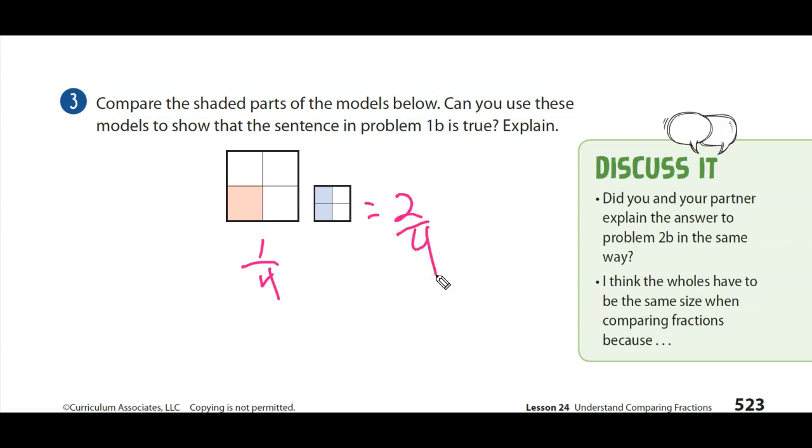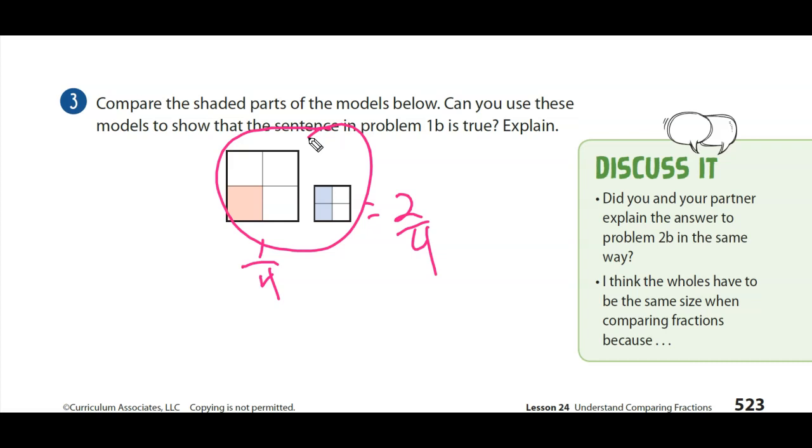Just by looking at the fractions alone, which fraction is greater? It looks like 1/4 is greater because it's bigger. But I'm not talking about size. I'm talking about the fraction of the whole. 2/4 is still greater, right? If I'm looking at these two, size-wise, you could probably say that maybe 1/4 is greater.